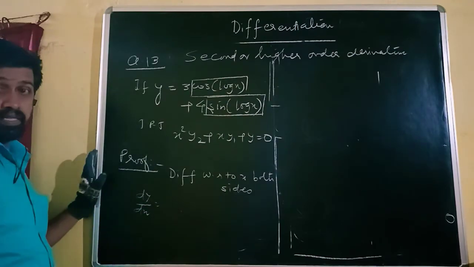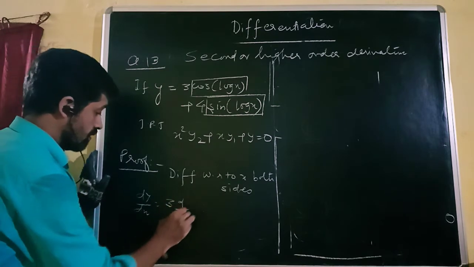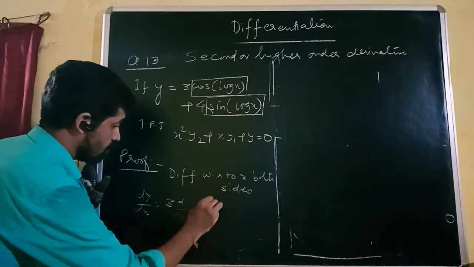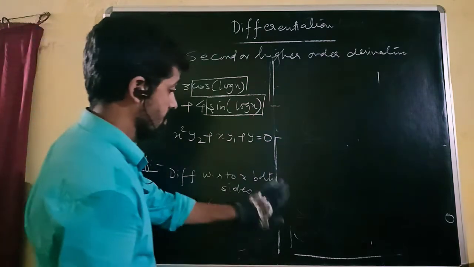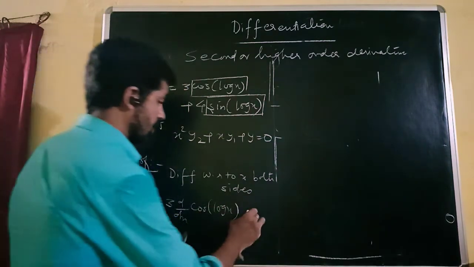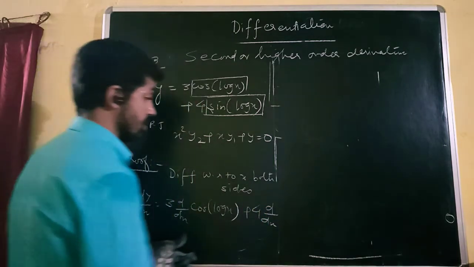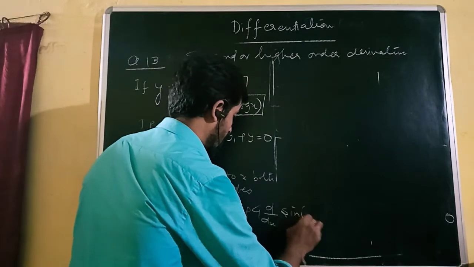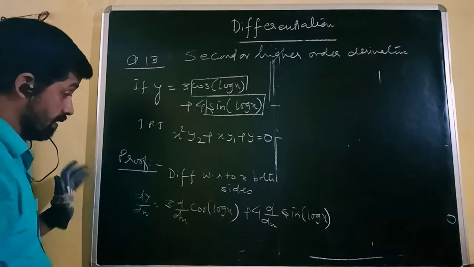dy by dx equals 3 times cos log of x plus 4 times d/dx of sine of log of x.